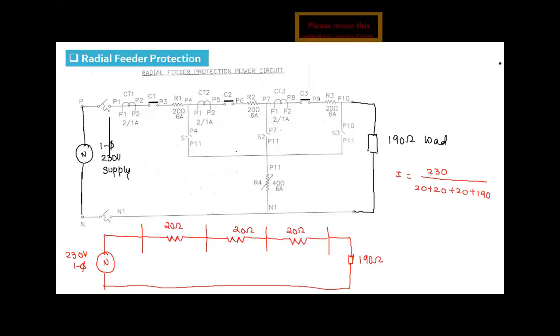Bhavesh, there is something wrong. What will be the load current?